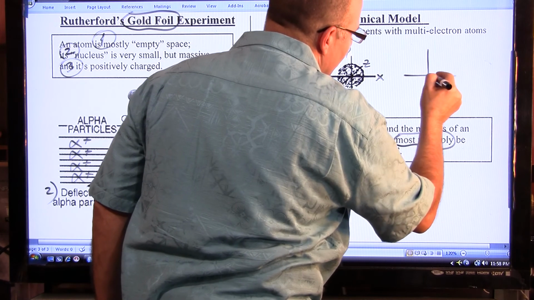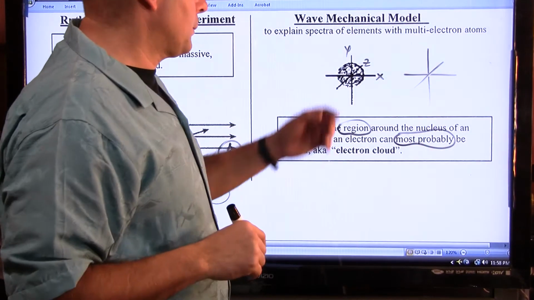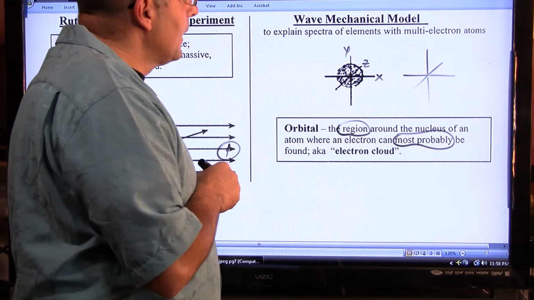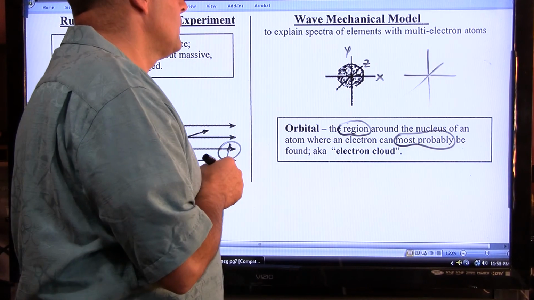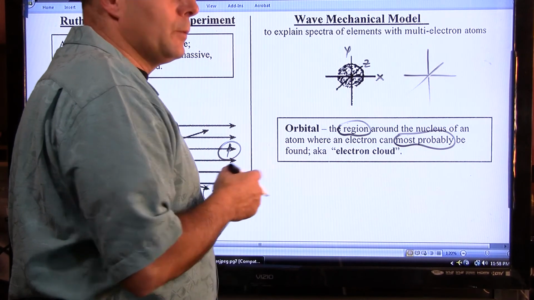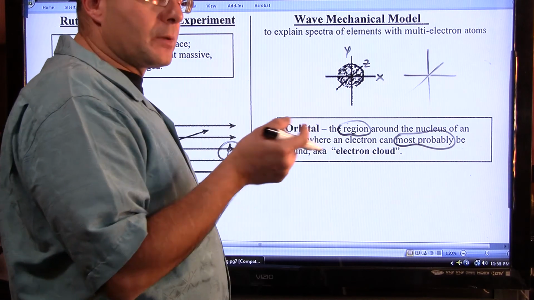And maybe another way of thinking of how to generate this picture is, if you had a high-speed camera that could actually take a picture of electrons, which you can, but let's pretend you can.